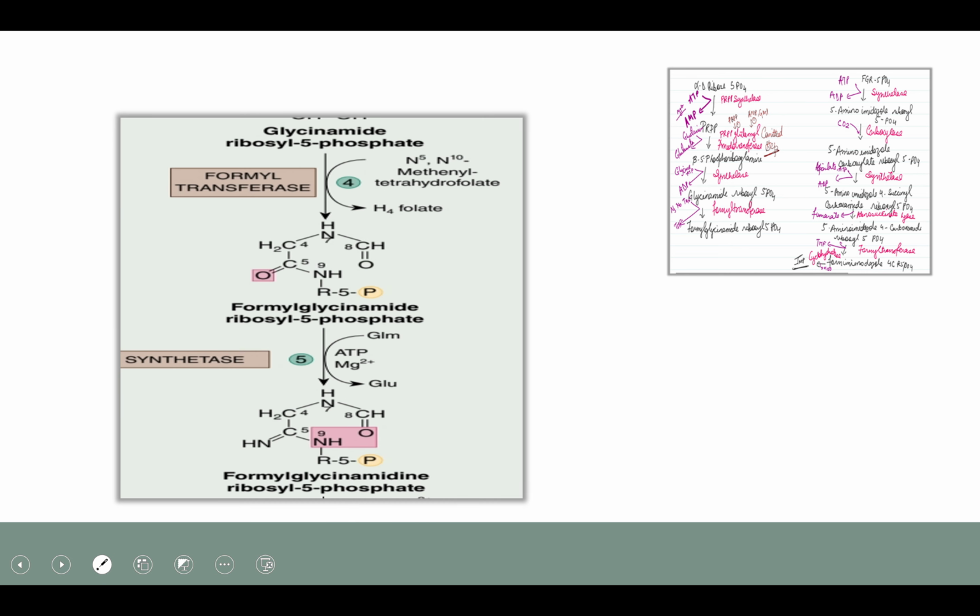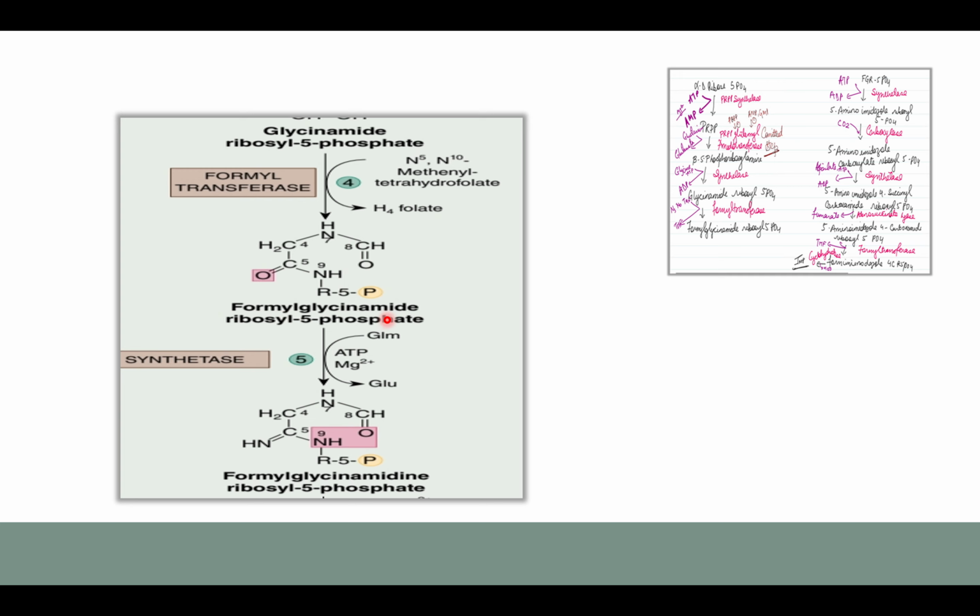Now this glycinamide ribosyl 5-phosphate, in the presence of formyl transferase enzyme and utilizing N5,N10 methenyl tetrahydrofolate, forms formyl glycinamide ribosyl 5-phosphate. In this step, condensation takes place.